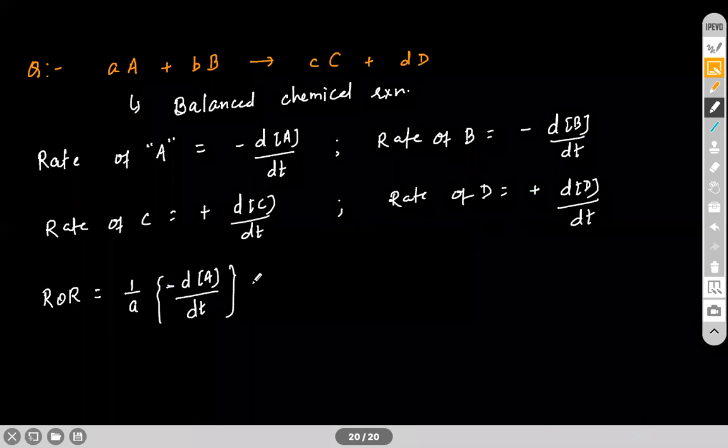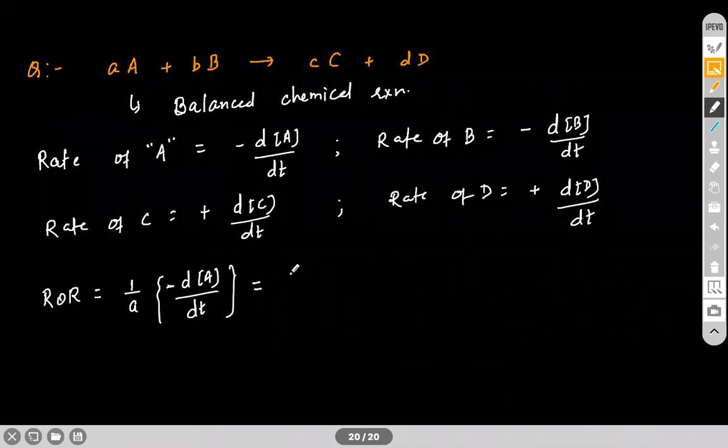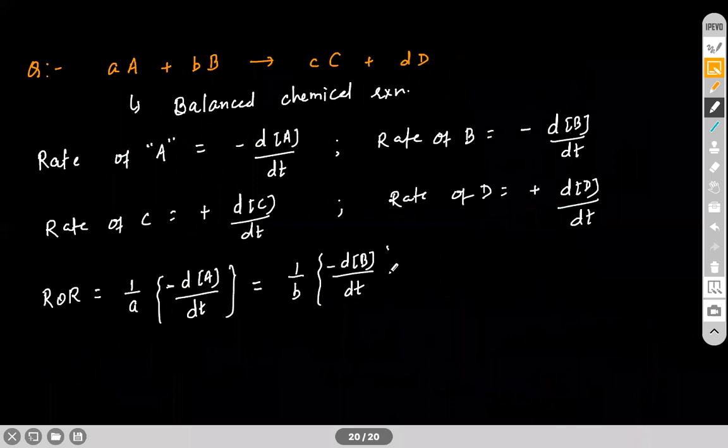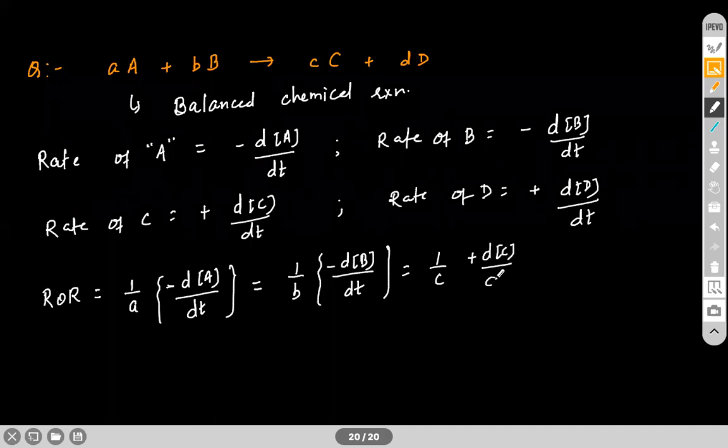Is it fine? That should be equal to, in terms of B, what we can write? This we can write in terms of B. In terms of C, what can we write? In terms of D, what can we write?